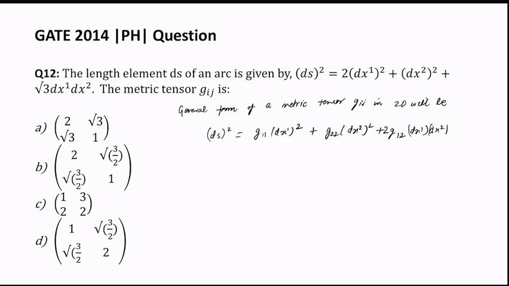This is a general form to write a line element in tensor notation, the square of the line element.